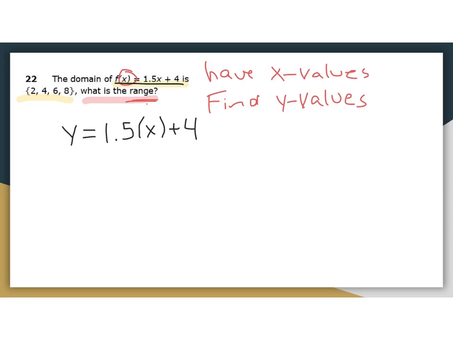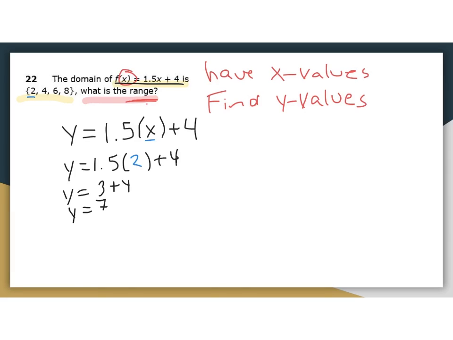First, we're going to substitute the 2 in place of x. So I'm going to have y equals 1.5 times my x value of 2 plus 4. 1.5 times 2 comes out to 3, and 3 plus 4 gives us a y value of 7.